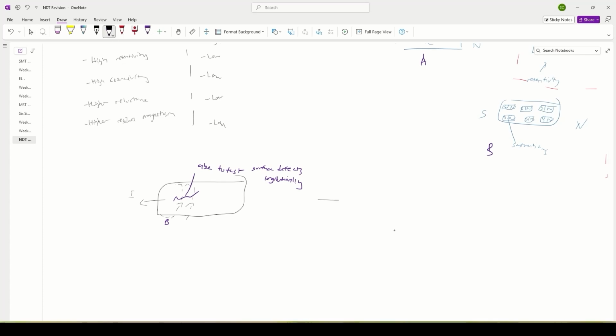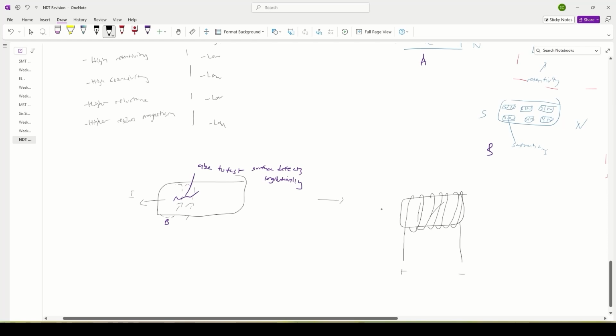However, if we have a defect that is, for example, angled like this or like this, then this way of magnetizing wouldn't work, because it doesn't cut through the magnetic field. Instead, it's parallel to the magnetic field. Instead, we'll have to apply the current in a coil-like format. So we draw a solid line for the coil, and we apply a current like this.